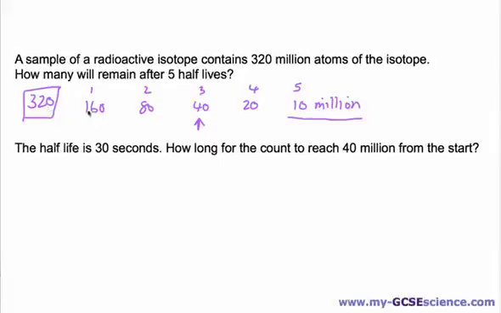Well, 320 to 160 is 1 half-life, and 160 to 80 is a second half-life, and 80 to 40 is your third half-life, and each half-life is 30 seconds. So we've got 30 seconds, 30 seconds, and 30 seconds. It takes 90 seconds for this substance to reach 40 million.